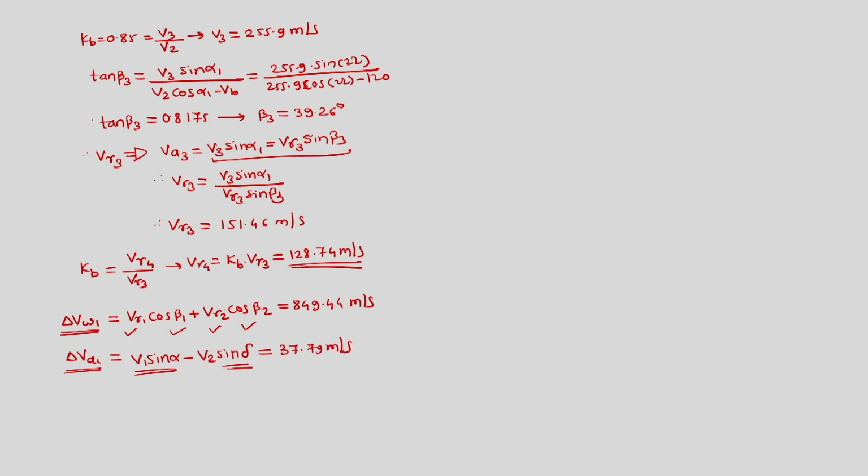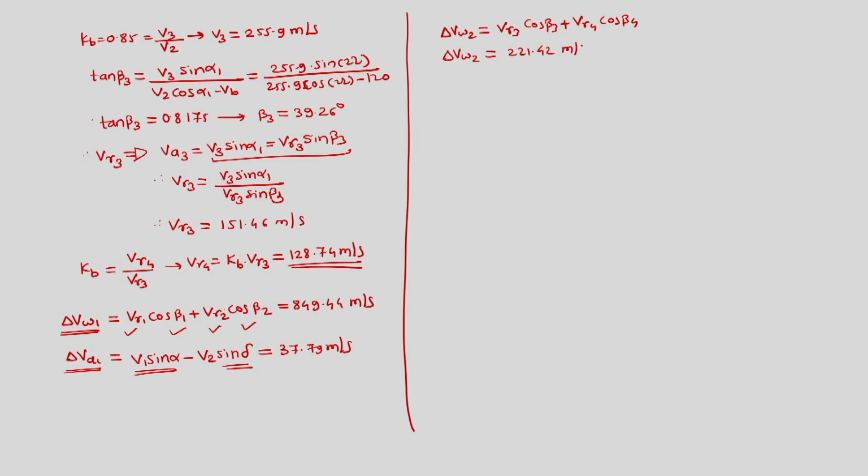and we get it as 37.79 meters per second. We will go to the second stage and find delta VW2, that is VR3 cos beta 3 plus VR4 cos beta 4, and this gives us delta VW2 as 221.42 meters per second. VR3 is found, VR4 is found, beta 3 is known, beta 4 is given.